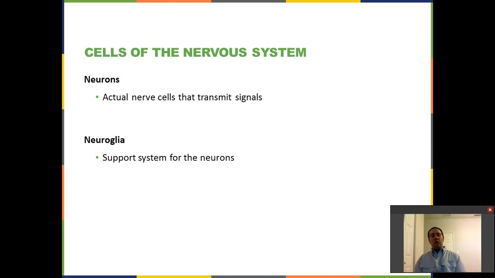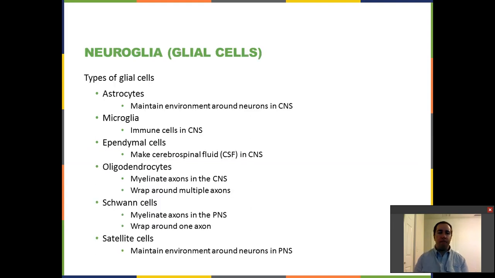In addition to the neurons, we have the neuroglia. Remember, I compared this to all of the support staff that go with an athlete or an actor or a CEO, someone who has a very specialized job that very few other people can do, but they have all these other people that help them to do that job. So the neuroglia support the neurons and help the neurons carry those signals. We're going to learn about very specific neuroglia.